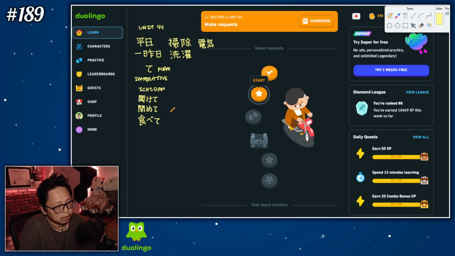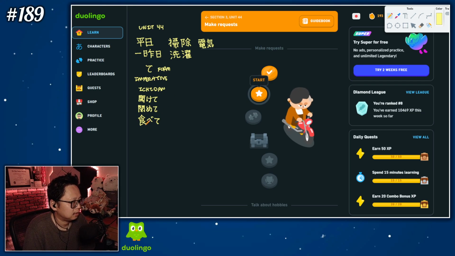So these are the predicates, or part of the ichidan. One more ichidan representative. This one's actually new, I don't have this one yet. So we have habite.